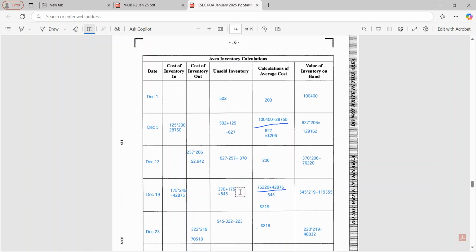So we're going to add 370 and 175, which gives us 545. The 76,220, which is our value of inventory on hand before, plus the 42,875 that we just got, divided by the number of units, which is 545, gives us 219, and this is rounded off. 545 multiplied by 219 will give us 119,355.